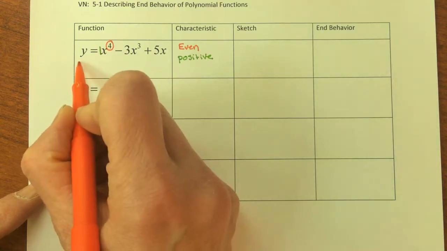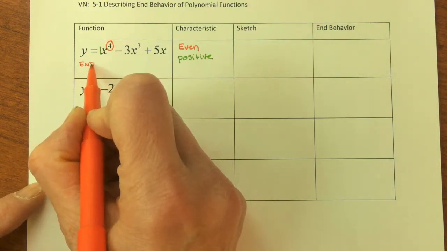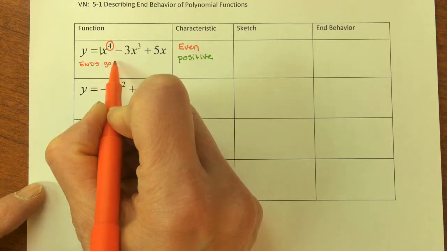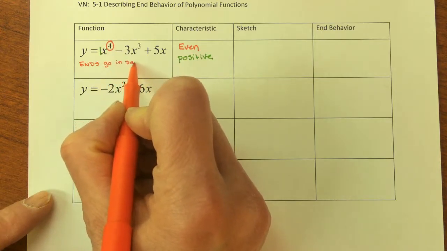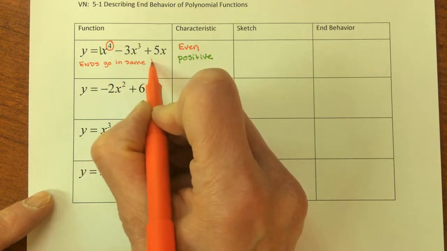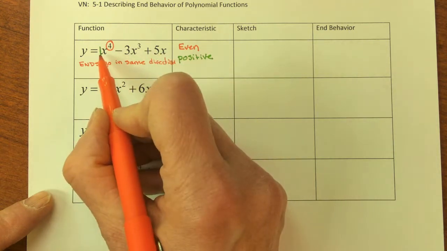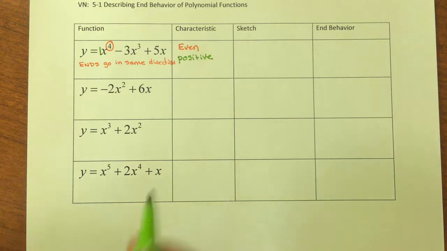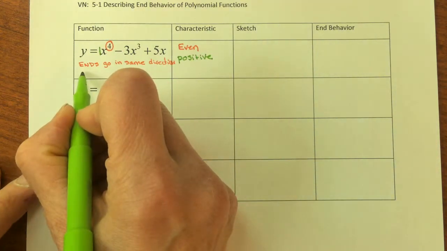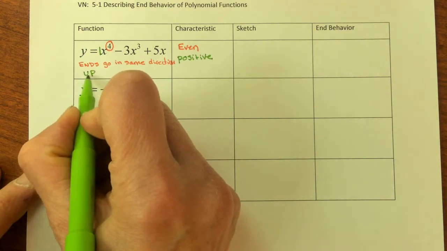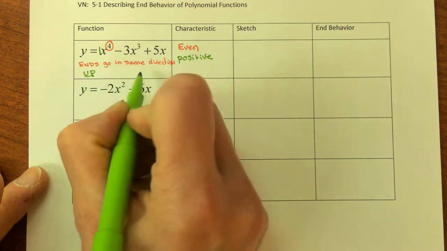So this means ends go in the same direction, and the positive lead coefficient means that they both go up. Okay?